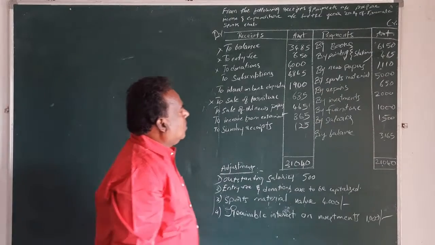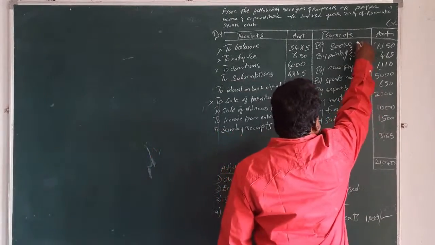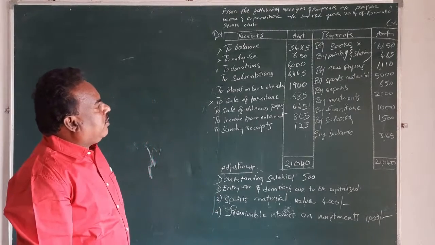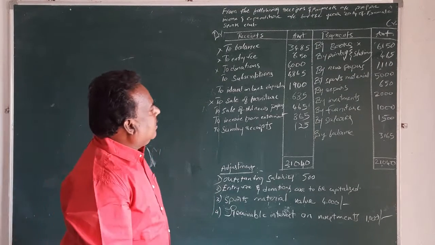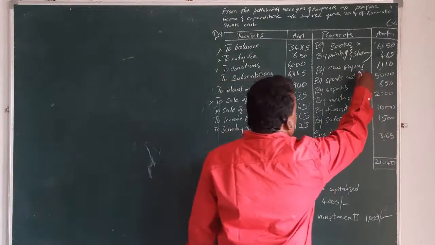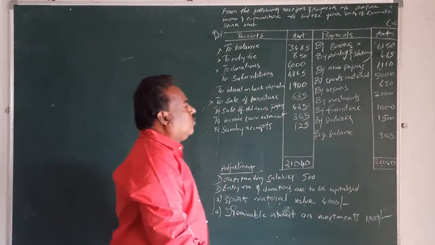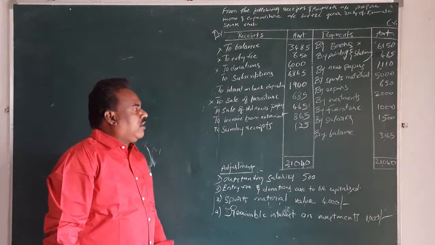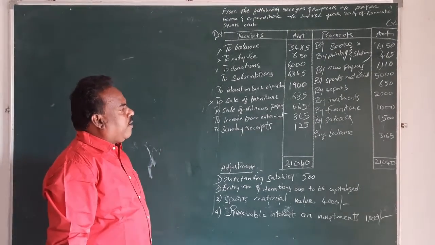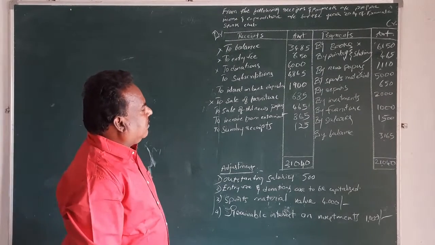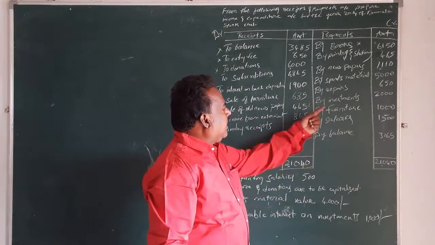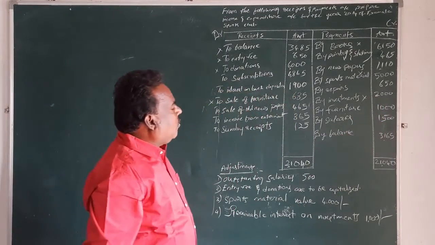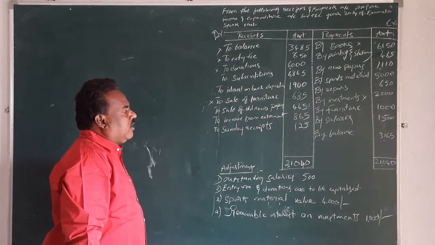Similarly, payments: books is capital expenditure, not recorded, only in the balance sheet. Sports material purchase is also capital expenditure, not recorded in the income and expenditure account, but shown on the asset side of the balance sheet. Next, repairs and investments are also capital in nature, not recorded in the income and expenditure account.